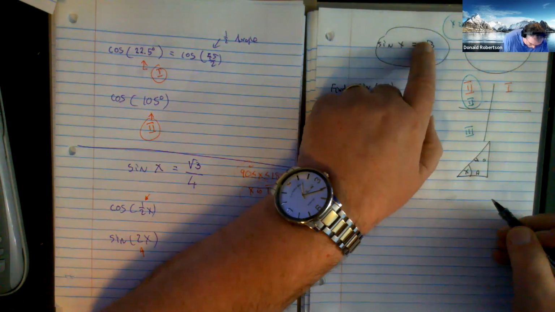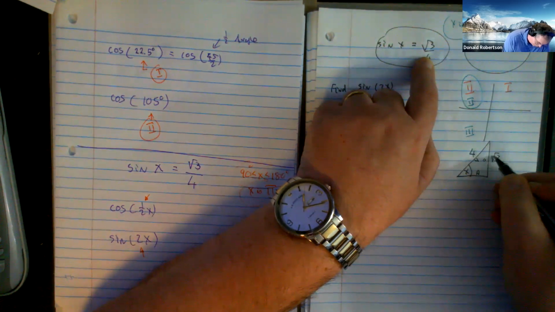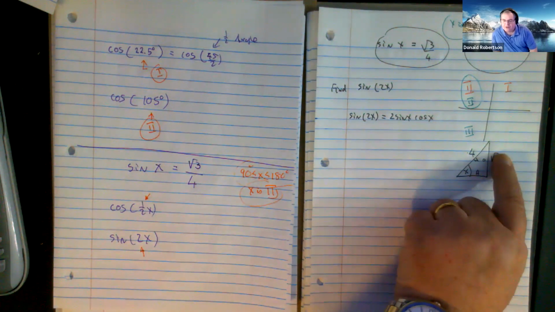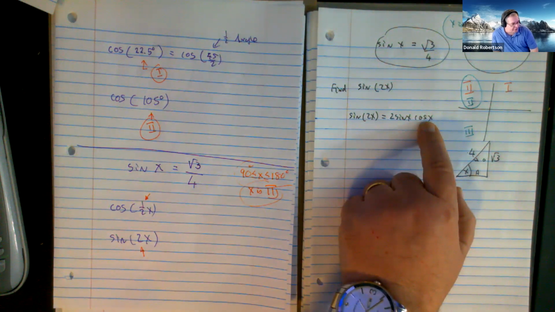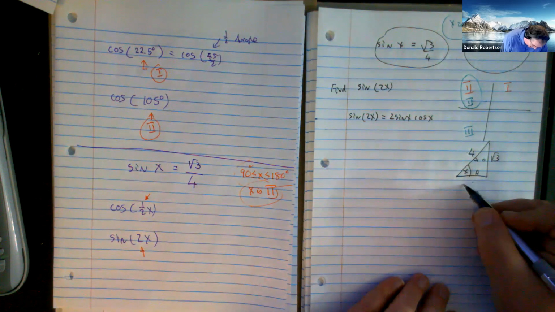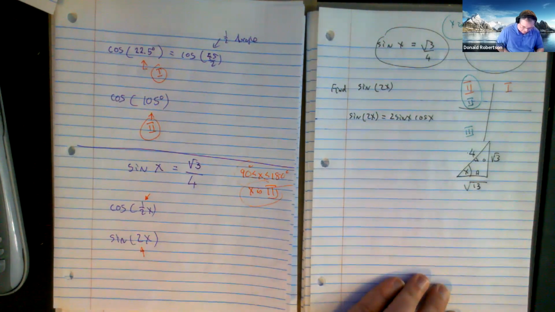Sine x is √3 over 4, opposite over hypotenuse. And the reason I build this triangle is I need to know what the cosine of x is. Well, I know this side and I know this side. Pythagoras, 16 take away 3 gives me that side.